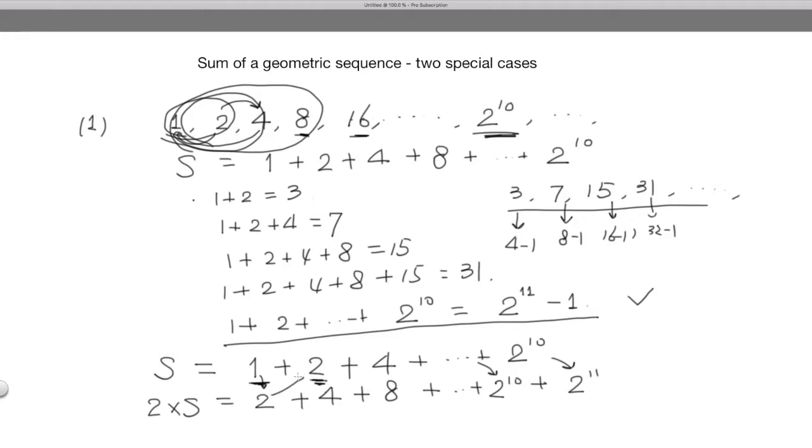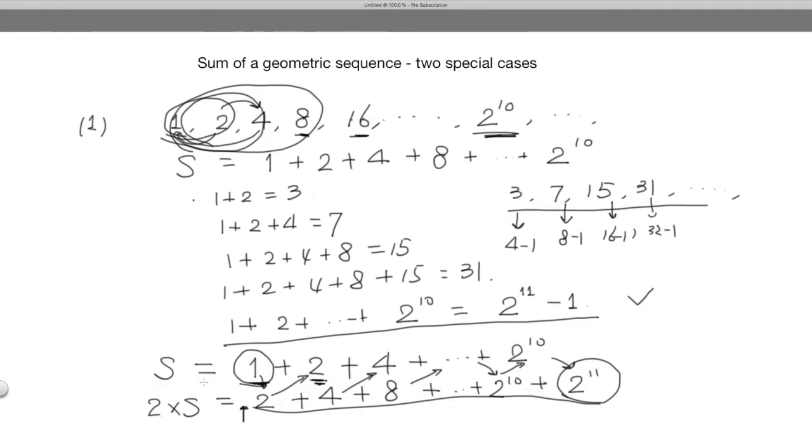So this 2 is the same as this 2. Of course, the first one now does not appear in this current term. And in this current term, the last term, 2 to the power 10 times 2, 2 to the 11th, also does not exist in S.